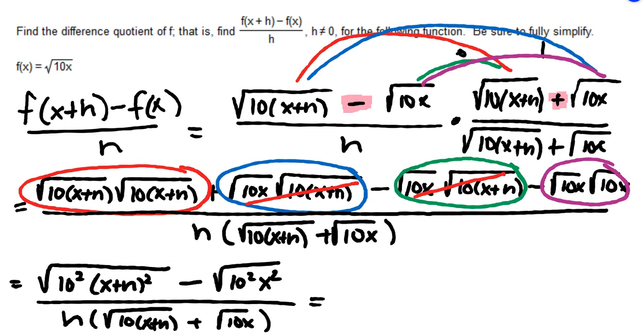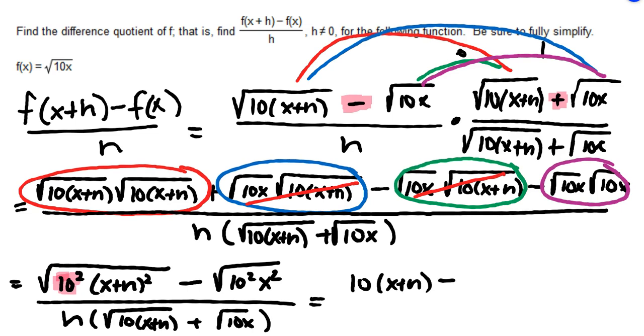Because we have perfect squares underneath these radicals, we're going to be able to simplify. So the square root of 10 squared will be 10, and then the square root of x plus h squared will be x plus h.